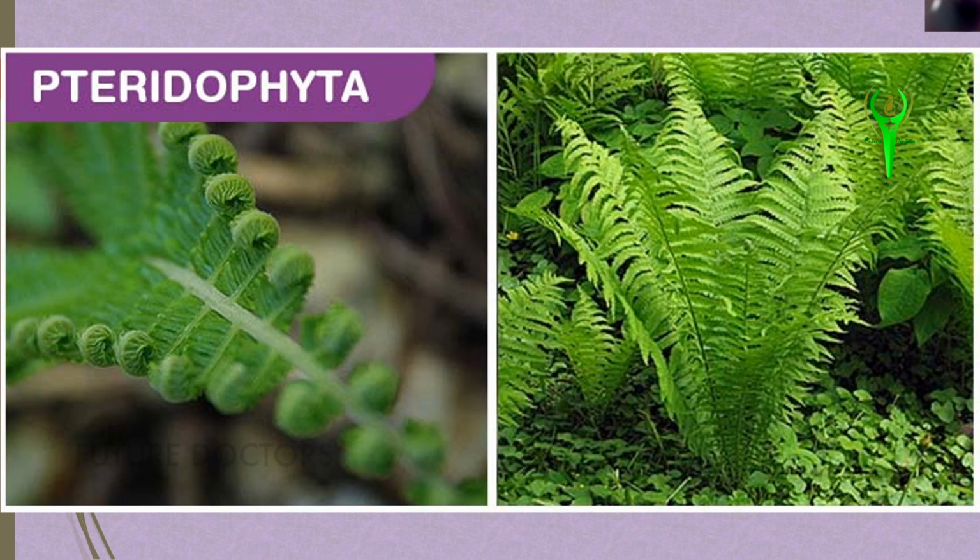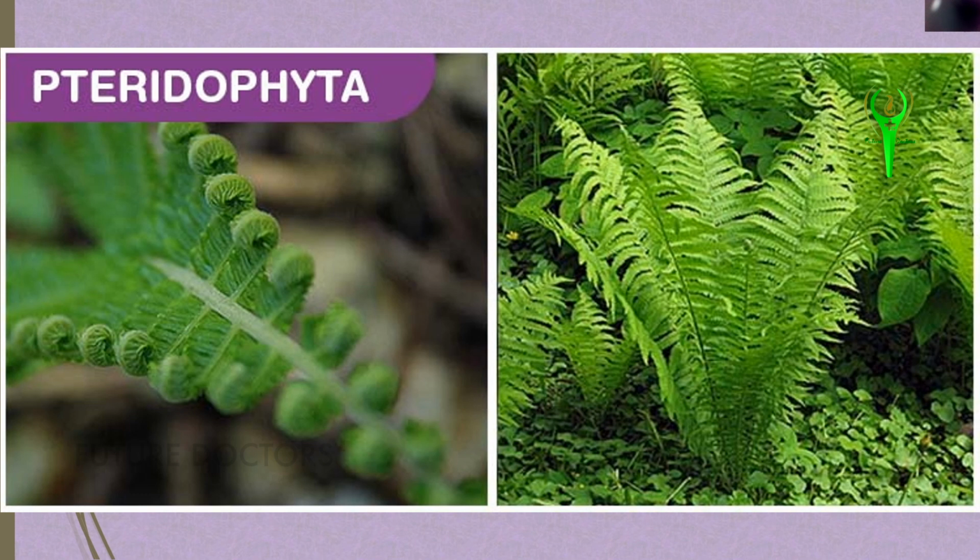Habitat. The pteridophytes are found in cool, damp, shady places, though some may flourish well in sandy or soil conditions. The plant body. The size varies from a fraction of a centimeter to 20 meters in tree fern. The main plant body is a sporophyte which is differentiated into true root, stem and leaves.